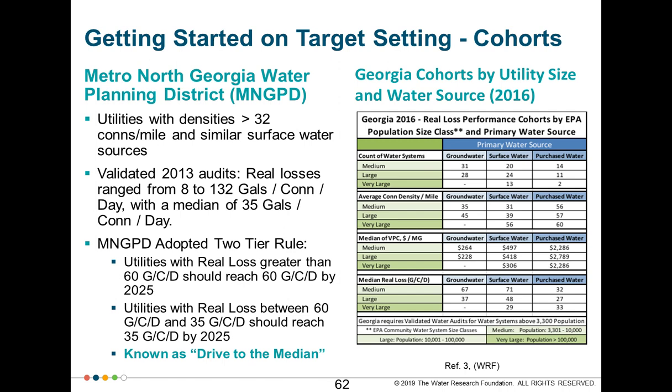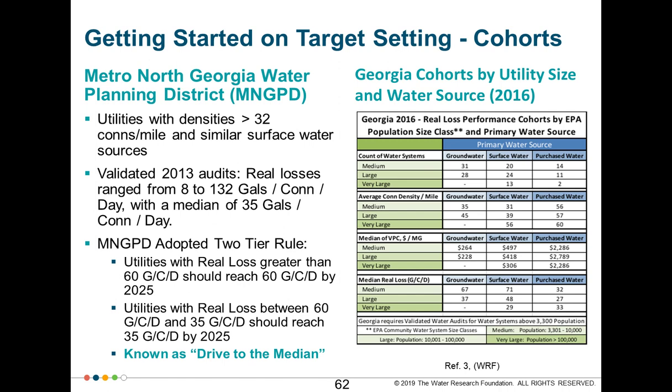I put together this other table on cohorts where you have, for 2016 in Georgia, 9 different cells, or let's say cohorts, depending on 3 types of water sources and 3 sizes of utilities.